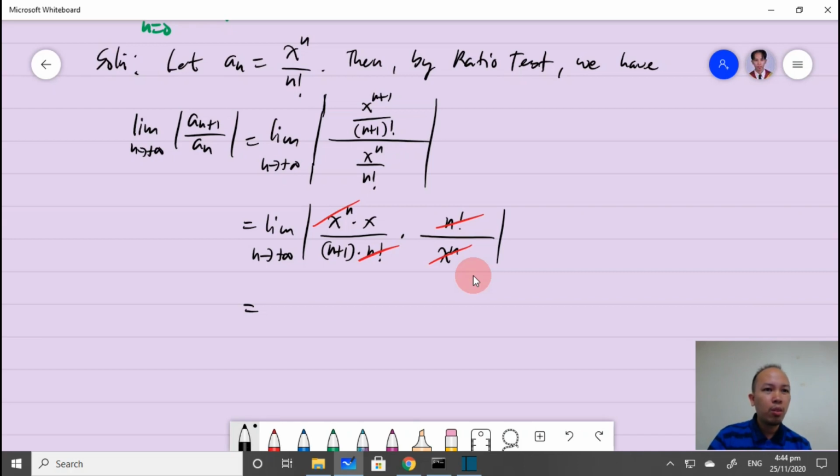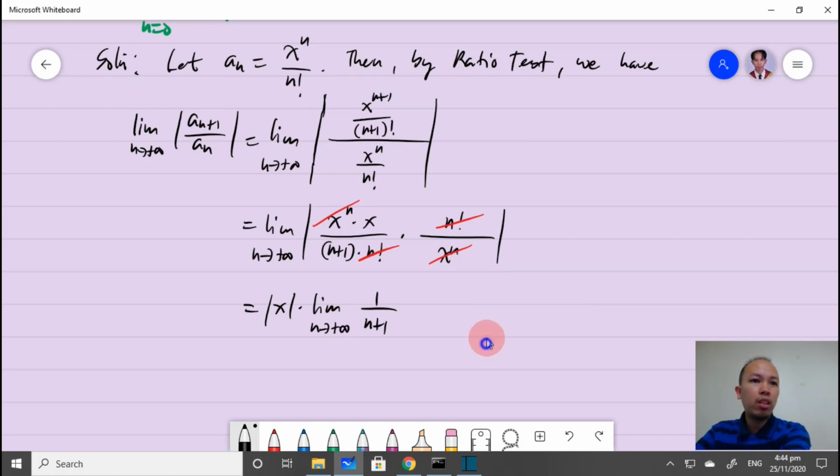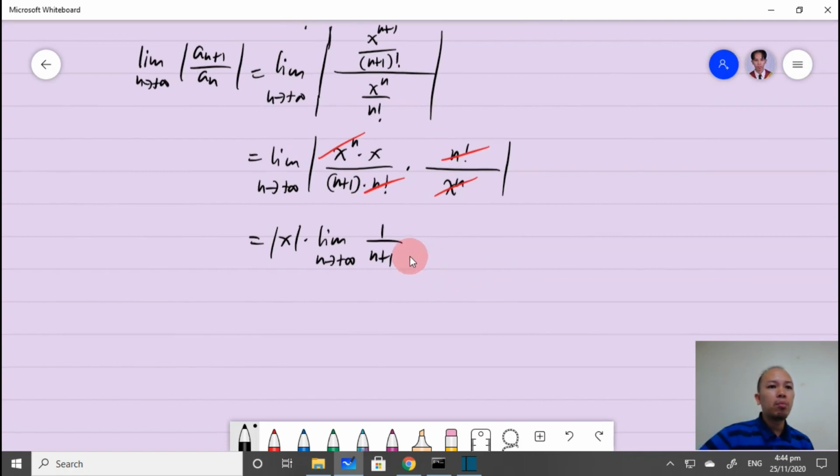So what remains will be absolute value of x times the limit of 1 over n plus 1 as n approaches positive infinity. We remove the absolute value sign because this is always positive by the definition of the sequence.